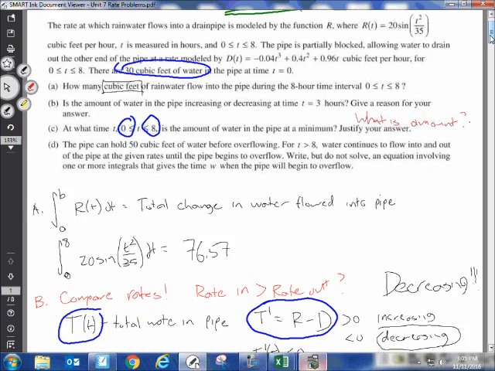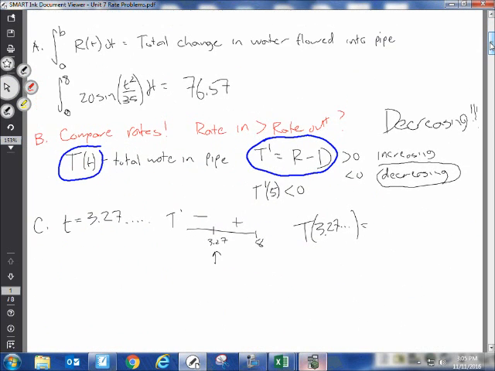So I'll say that this is equal to T of 0, which is 30, plus the change in my total. Again, T being the total, the derivative would be R minus D. You can either do the antiderivative or the area from 0 to 3.27 of R, and then minus the integral from 0 to 3.27 of D, or you can just do it all at the same time.